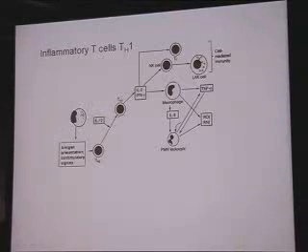Antigen-presenting cells have picked up a little bit of the invading microorganism, presented it on their surface to T cells, and depending on the nature of that antigen and the surrounding cytokine pattern, it will determine whether they go Th1 or Th2.